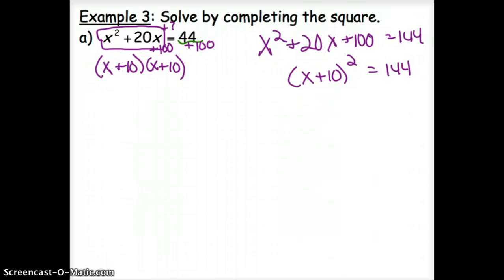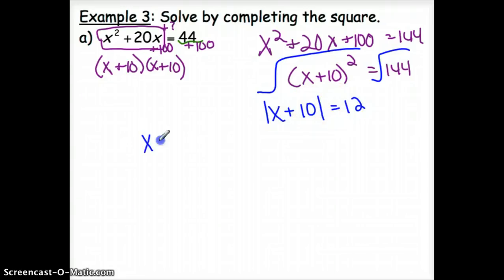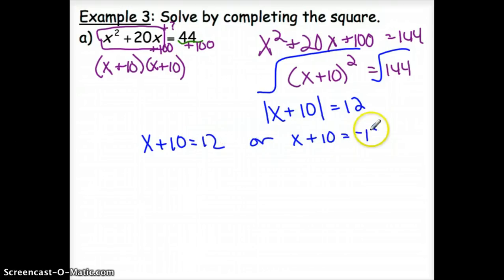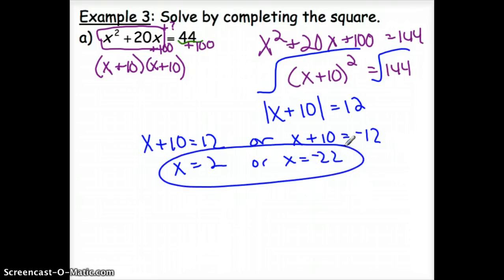And I can solve that by taking the square root of both sides. And then I get the absolute value of x plus 10 equals 12. Therefore, x plus 10 must equal 12, or x plus 10 could equal negative 12. And then I can solve this. x equals 2, or x equals negative 22. And hopefully when we check those both, they work.